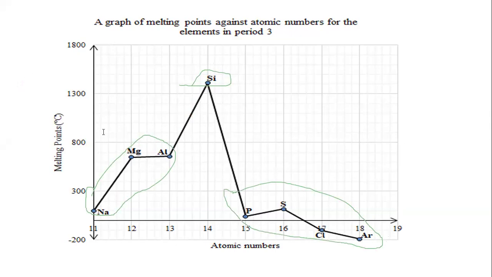The structure here in metals is giant metallic. The structure here of silicon is called giant atomic, or you can call it giant covalent.